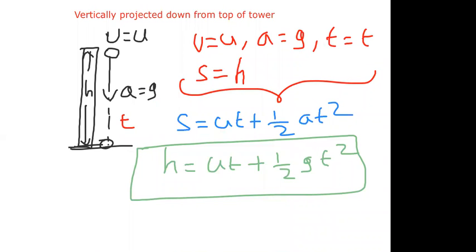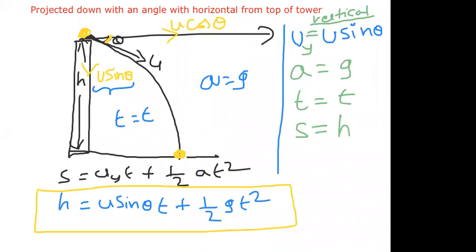And when the body is projected making an angle with the horizontal downward, h is equal to plus u sin theta t plus half gt square. So these are the different situations we discussed regarding tower cases. The 4 cases of tower problems we discussed. I hope it is clear.